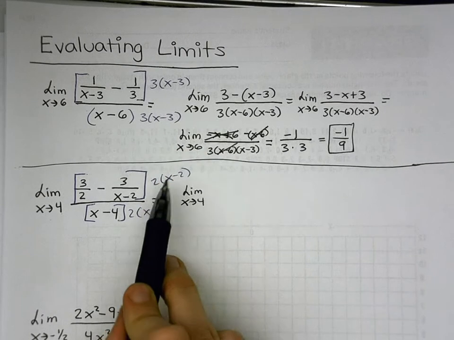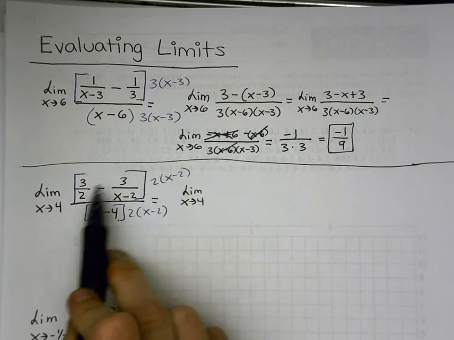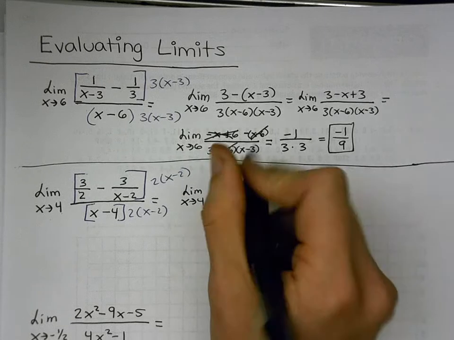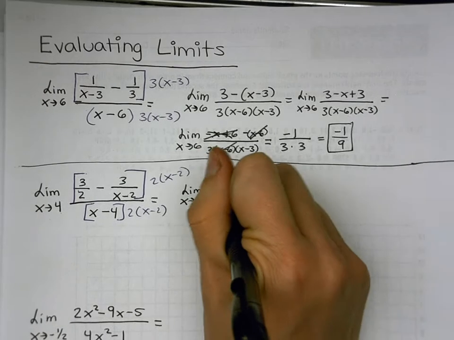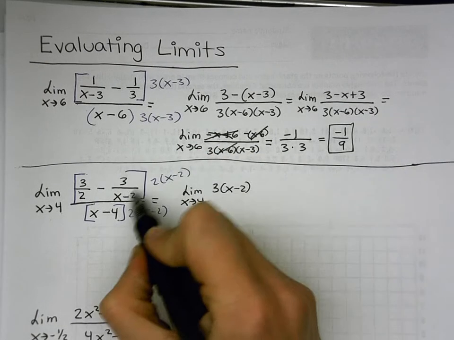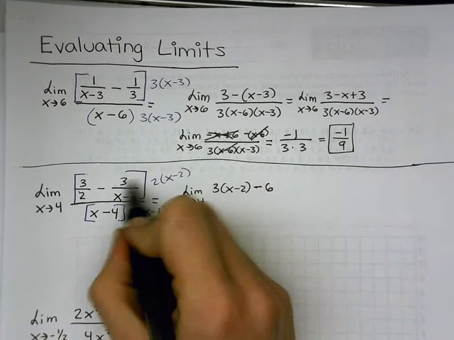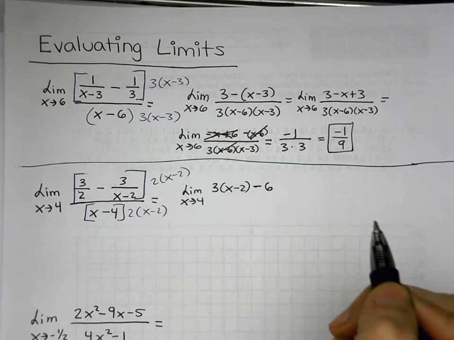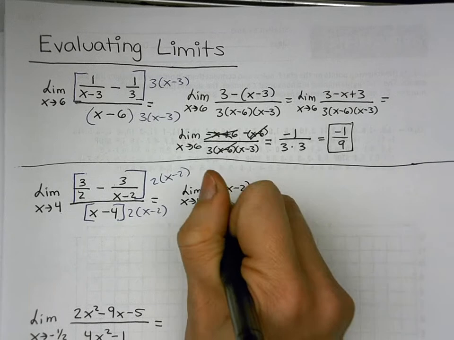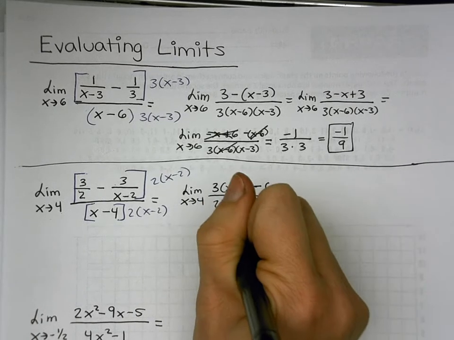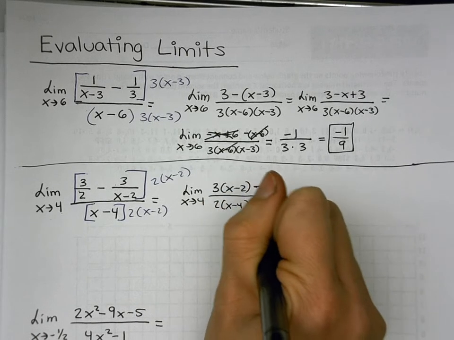This means distributing, we have our 2's would cancel, leaving me with our 3 and x minus 2. Distributing here, we have our x minus 2's cancel, which would leave me with negative 3 times 2, which is 6. Over on the bottom, 2 times x minus 4 times x minus 2.